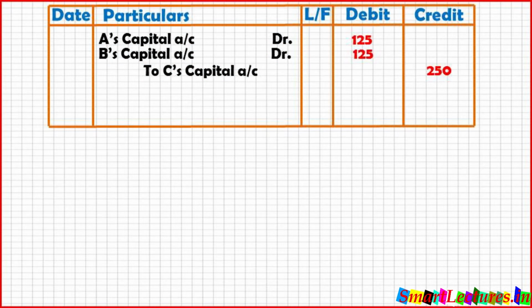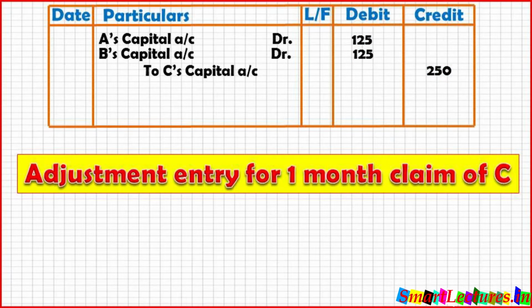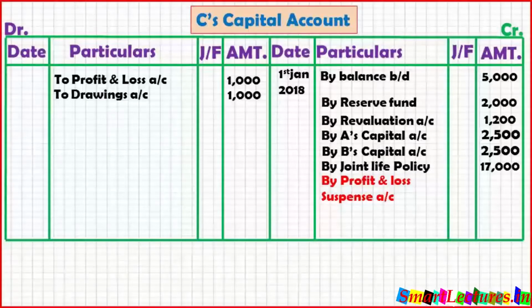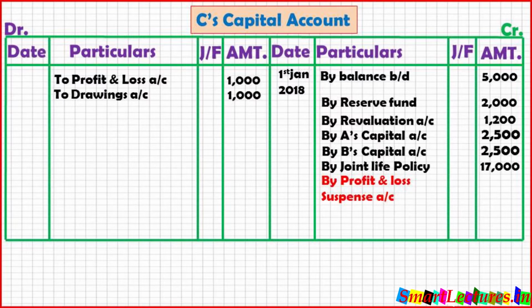In the narration, you will write down adjustment entry for 1 month claim of C. So there are two options. You can go for any option, and I strongly recommend you should follow your teacher. But in this question, I am going to use profit and loss suspense account. So on the credit side, by profit and loss suspense account, and in the narration or inner column, you can write down 1 month claim.